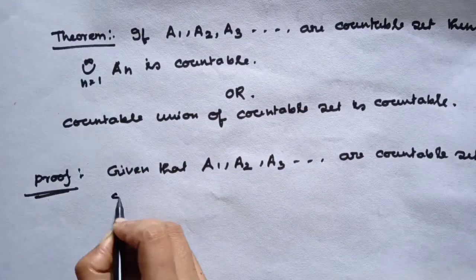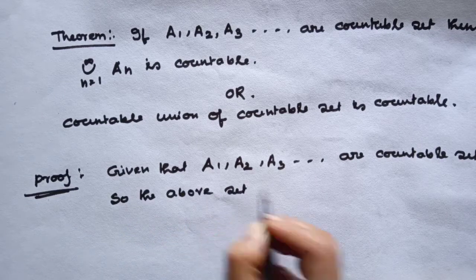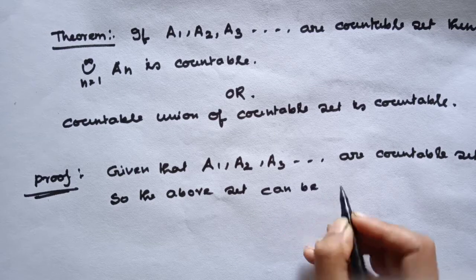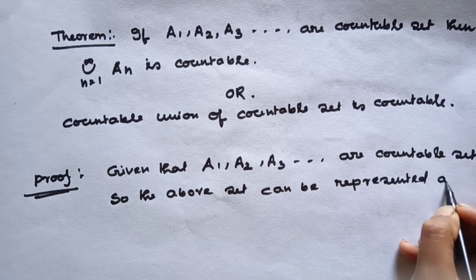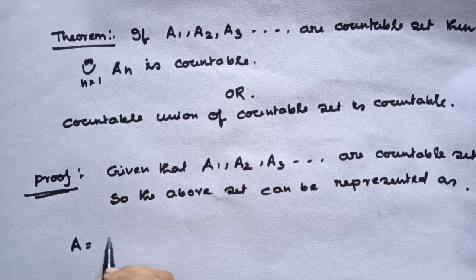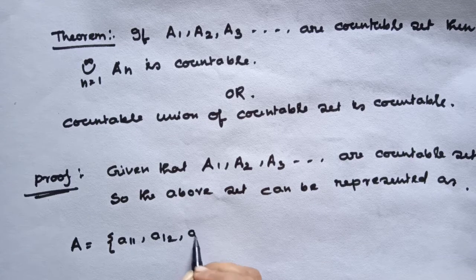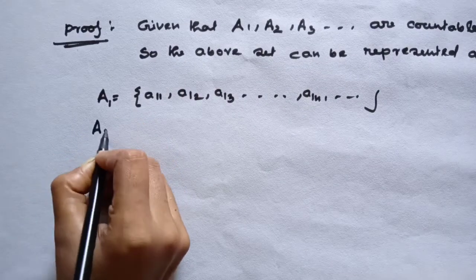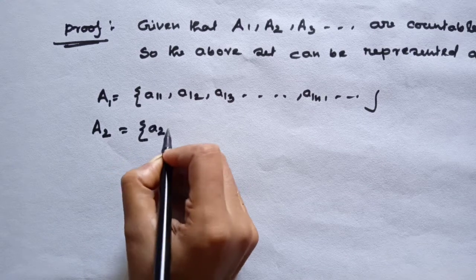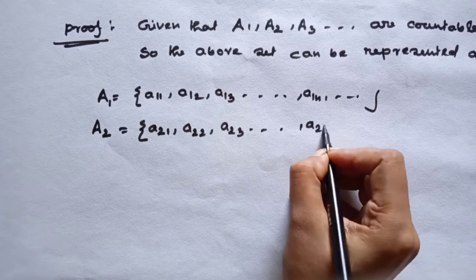So the above sets can be represented as A1 equal to, suppose, A11, A12, A13, up to A1n, and so on. Okay. A2 equal to A21, A22, A23, up to A2n.